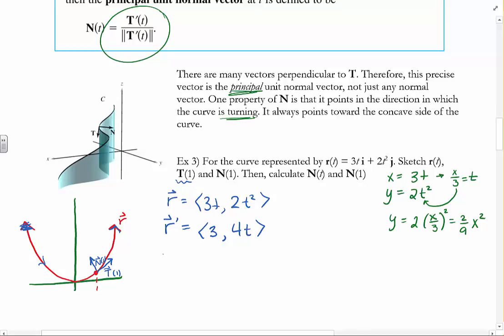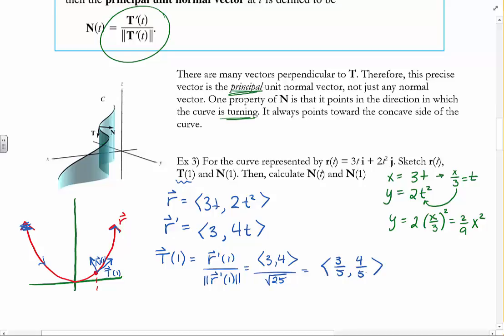So if I want T of 1, I would do r prime of 1 over the magnitude of r prime of 1. So r prime of 1 is going to be 3, 4. The magnitude of 3, 4 is absolutely 5. So I'm going to get 3/5, 4/5. There's T of 1, no big deal.